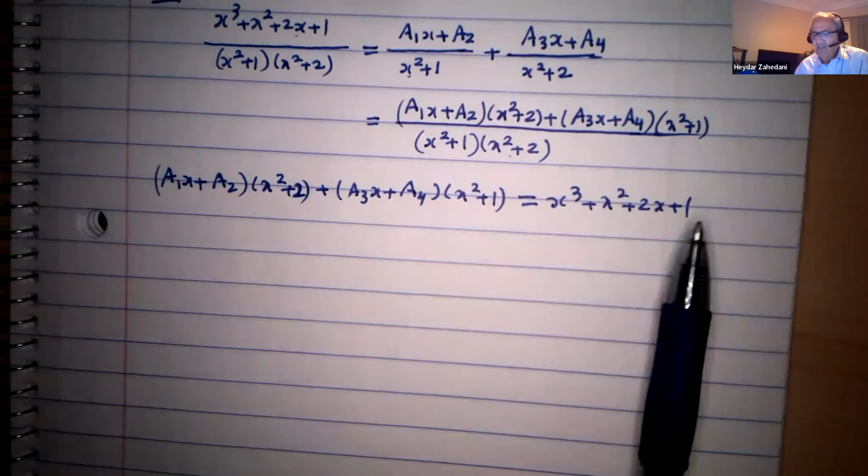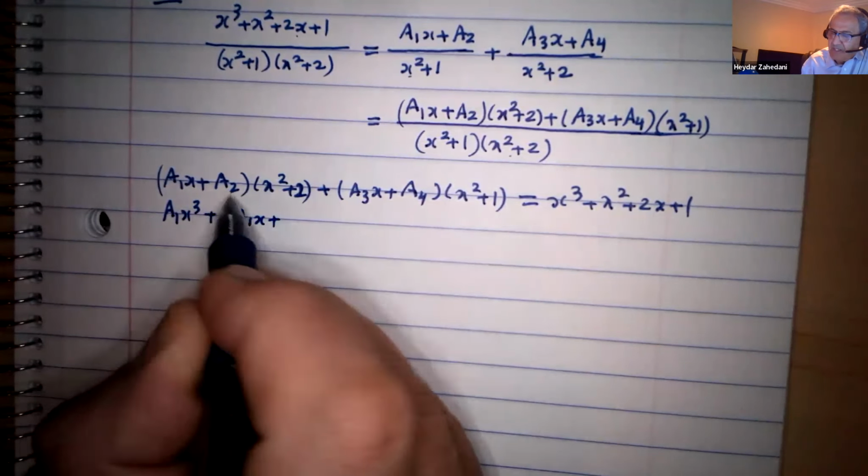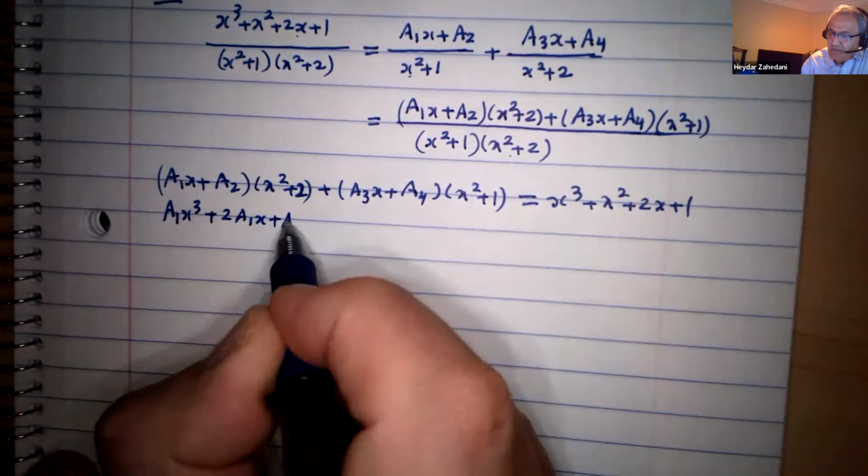So it's going to be A1x cubed plus 2A1x, then A2x squared plus 2A2. That's the first one.